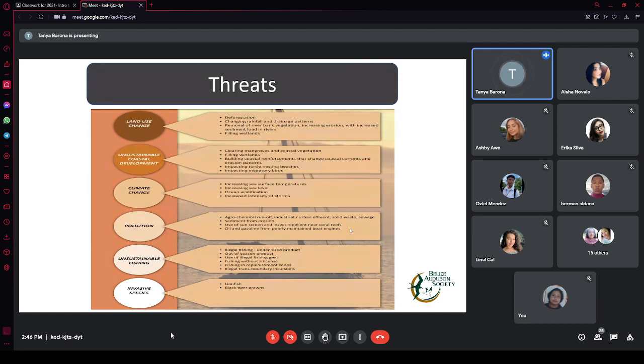So the other one talks about unsustainable coastal development. Like I said, clearing mangroves just to build a hotel, filling wetlands. Building coastal reinforcement that changes coastal currents and erosion patterns. You might impact turtle nesting beaches. Out at Half Moon, it's a turtle nesting area.